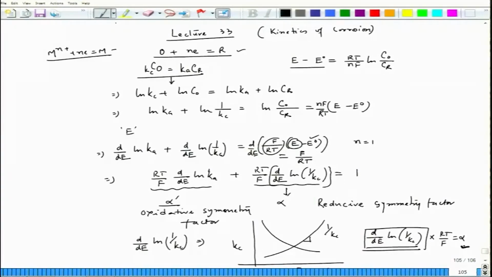The other part is the oxidative symmetry factor, which concerns the oxidation K_A value, the rate constant.